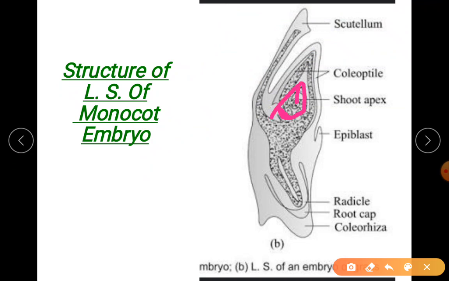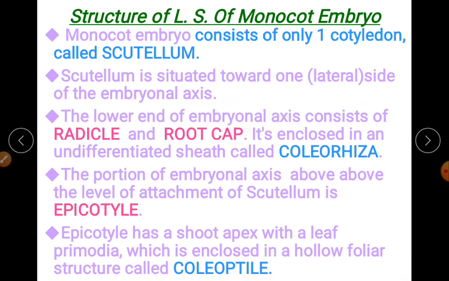Shoot apex is here, and there is a covering. That protective covering is called coleoptile. Similarly here, there is your radicle and your root cap. Then there is a protective covering called coleorhiza. So see that you are drawing accordingly. Practice it well.